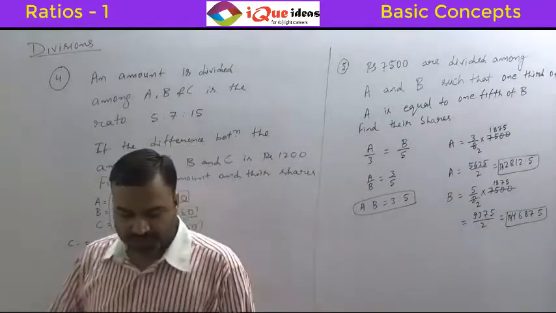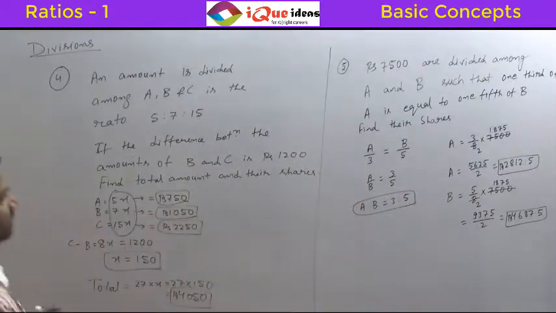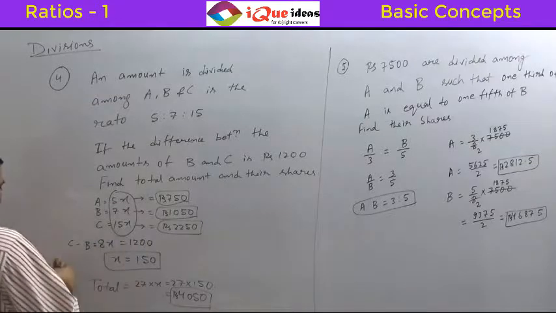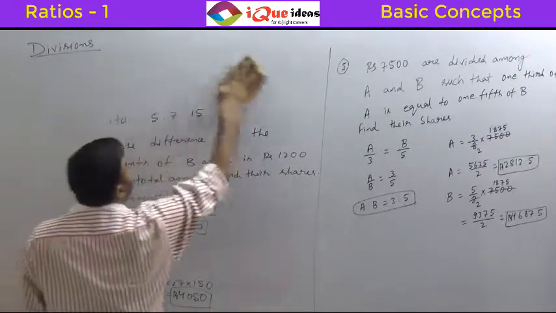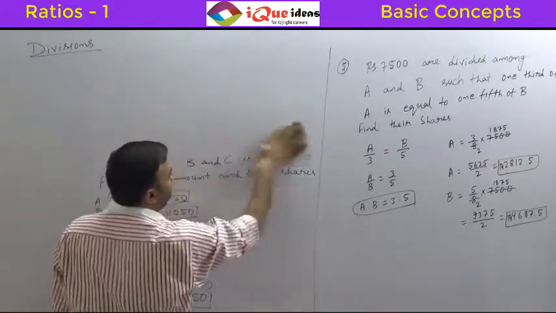Alright? So the question presentation can be in different manners. So here there was a word problem that was given like this, that some fraction of one part is equal to another fraction of the other part.